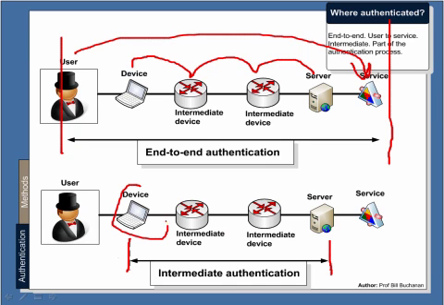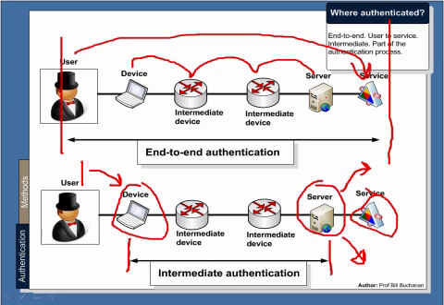In this case, the device is authenticated to a server. We can see the weakness of this is that the device could be used by another user. Also on the server, the actual service might not be actually authenticating the device or the user. So if possible, we need complete end-to-end authentication. Along with this, it would be useful to have intermediate authentication along the chain.